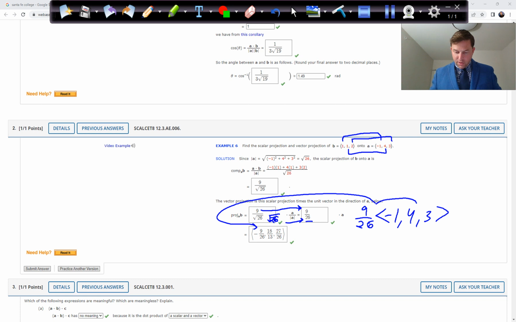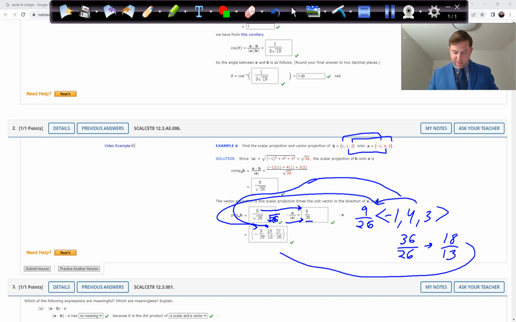You're going to get 4 times 9, which is going to be 36, but let me show you that step. So 4 times 9 will be 36 divided by the 26. You can divide both those by 2 and you get 18 over 13. So that's how we got that number. And then 3 times 9 would be 27 over 26, gives us that third one. So that's how we got those steps there.